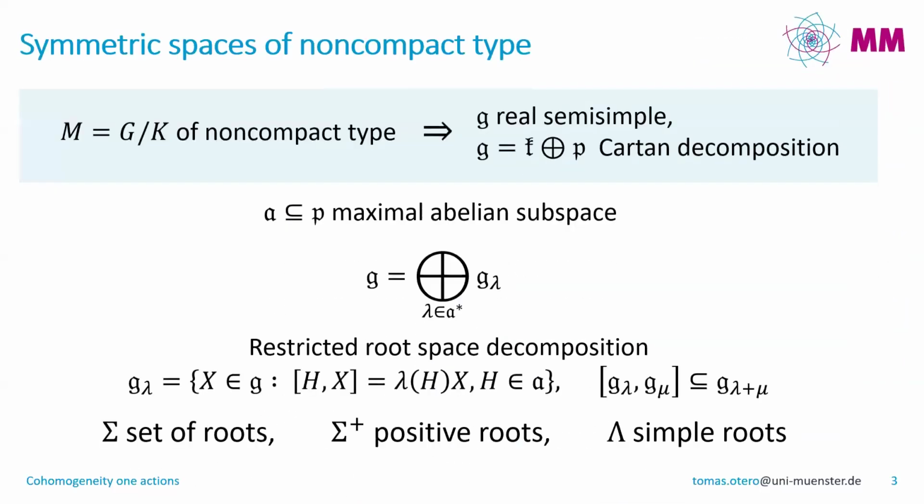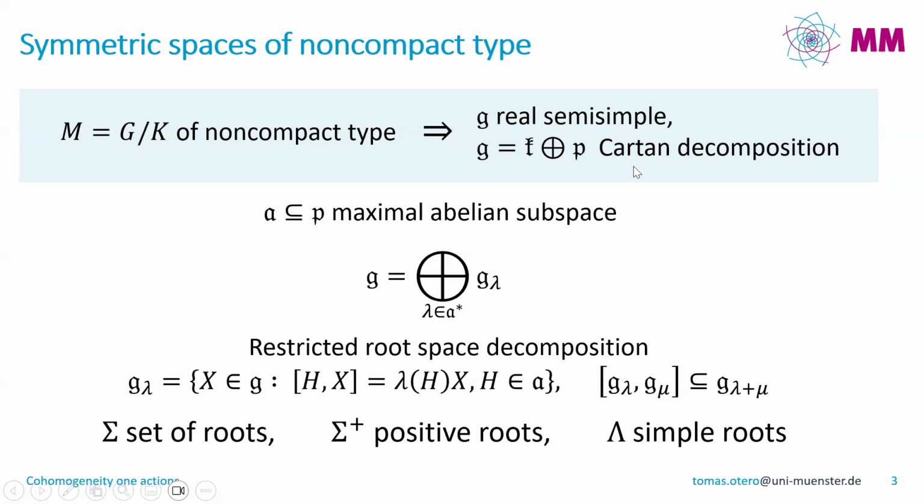Well, so if G mod K is a symmetric space of non-compact type, one can see that the isometry Lie algebra G is a real semi-simple Lie algebra, and one can take G equals K plus P by taking the involution at some fixed point, of which K is the isotropy.